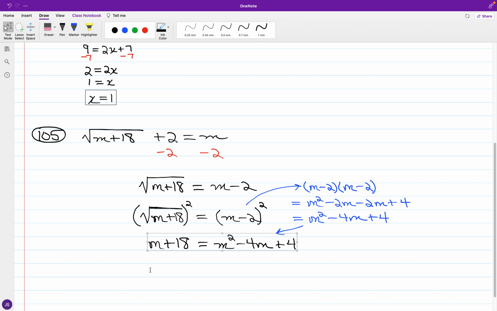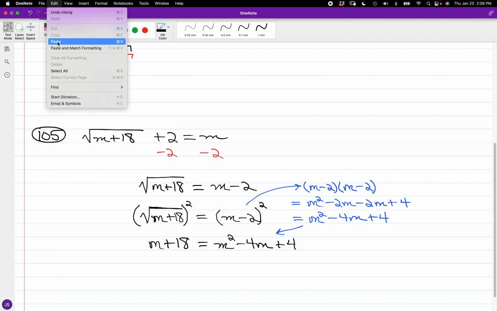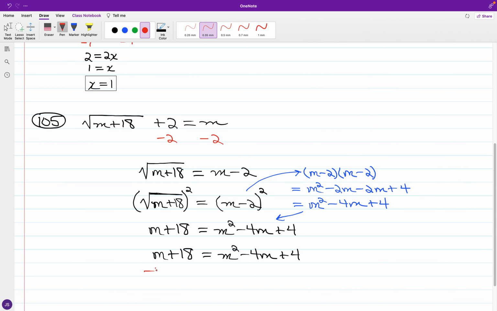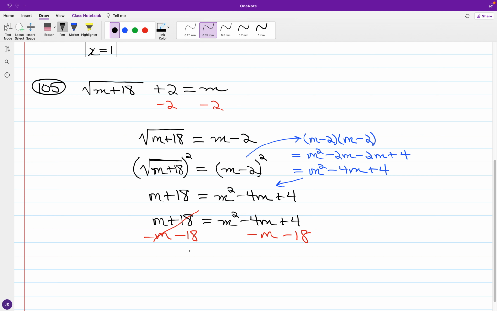If I move the terms from the left hand side over, so I'm going to move the m as well as the 18, if I subtract the m as well as the 18, we'll have that 0 is equal to m squared, and negative 4m minus m becomes negative 5m, and 4 minus 18 is negative 14. I can factor this trinomial on the right hand side.